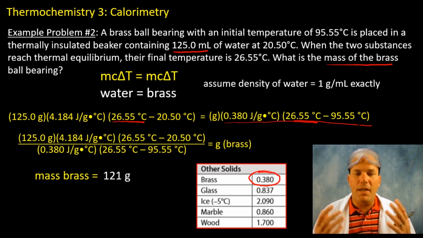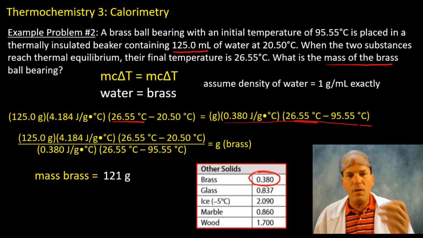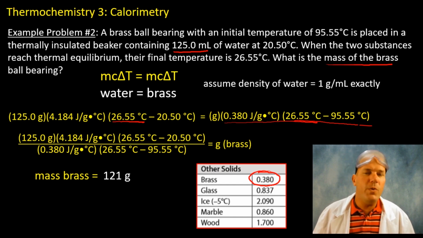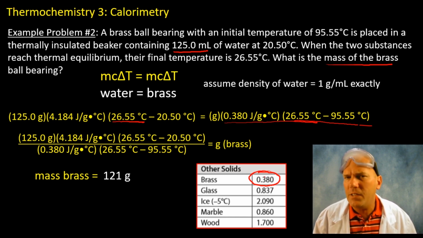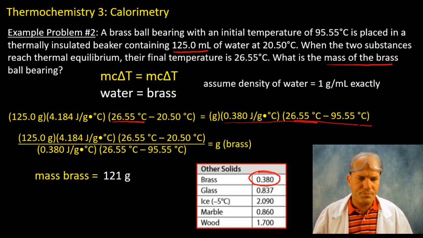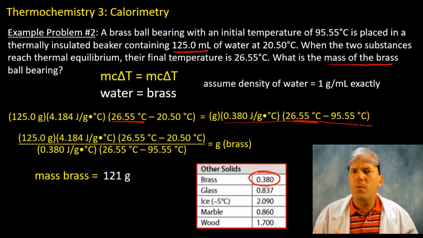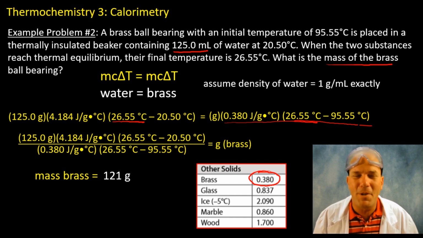And we get a final answer of 121 grams. That is with 3 significant figures because our specific heat capacity that's given for brass is 3 significant figures. So 121 grams is the value we will report for this particular problem.